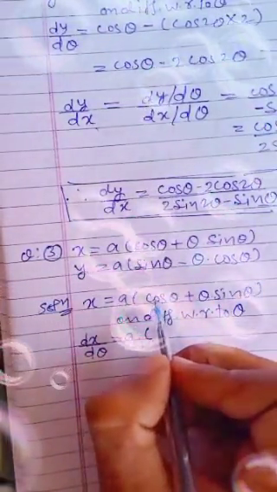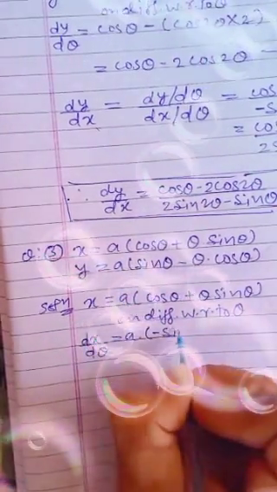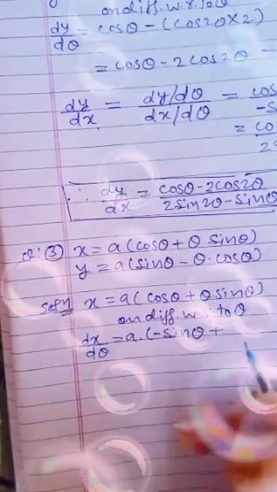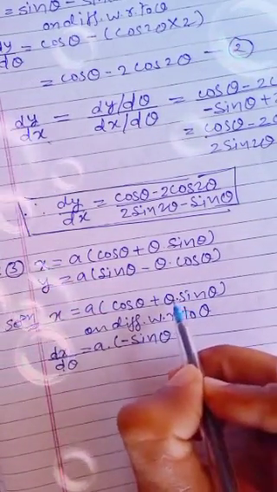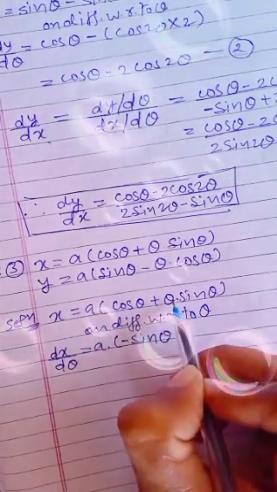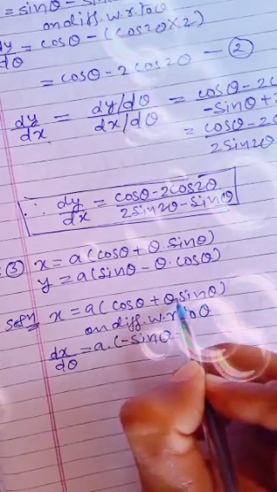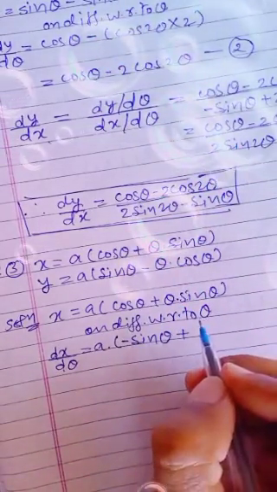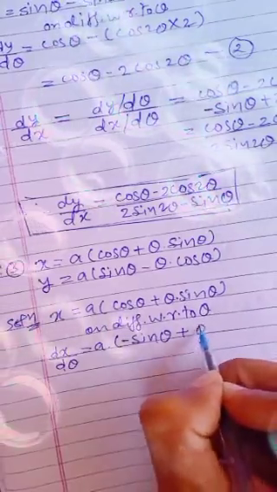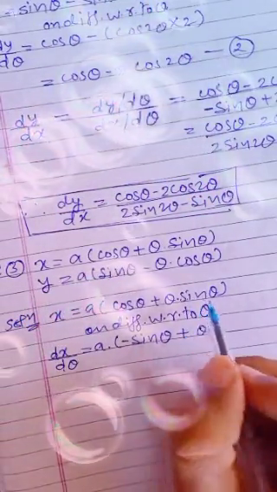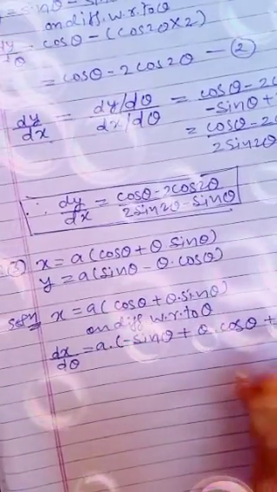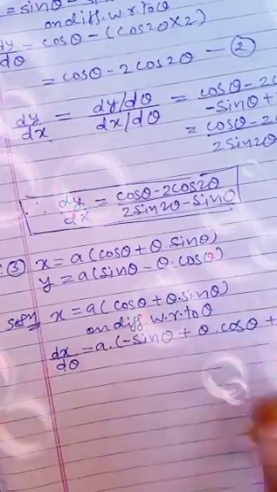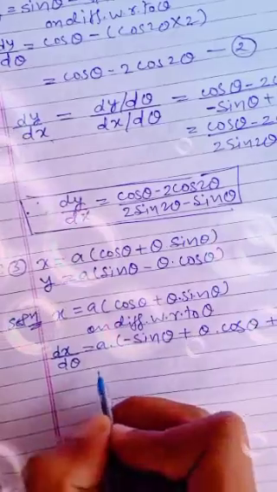In the bracket, the differentiation of cos theta is minus sin theta plus, here you can apply the UV rule, because these two functions are multiplied. So what does the UV rule say? Theta remains as it is and the differentiation of sin theta is cos theta, plus V remains as it is, sin theta, and the differentiation of theta is 1.